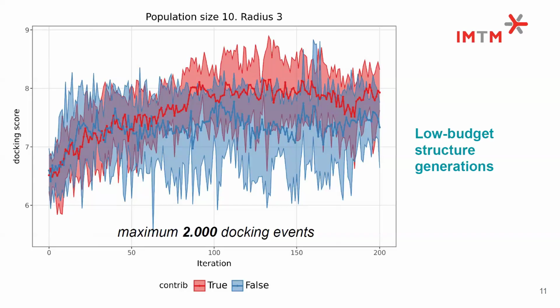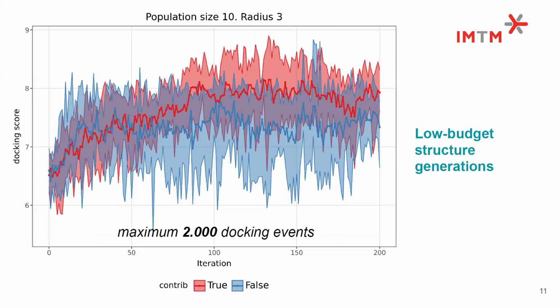The red and blue lines stand for the mean docking score per iteration, for all generated molecules per iteration. And the shadow stands for the maximum and minimum docking score from the generated compounds on this particular iteration.